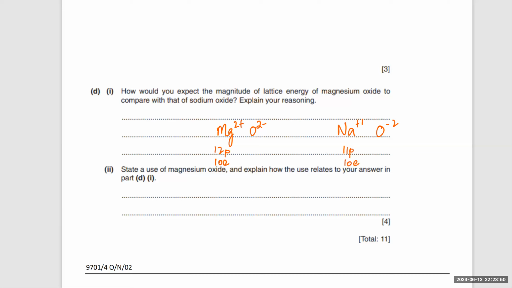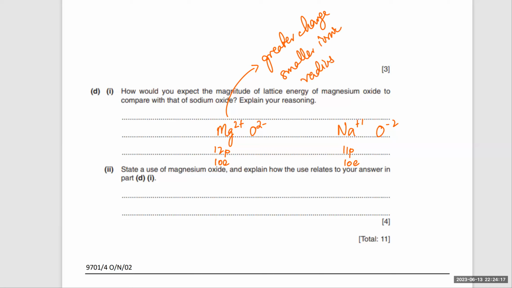So who's going to attract its electrons strongly? It's going to be magnesium, right? 12 protons. So not only does it have a greater charge, but it's got a smaller ionic radius. Because of both these factors, it's significantly stronger.